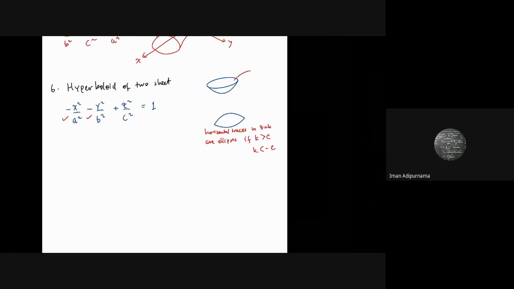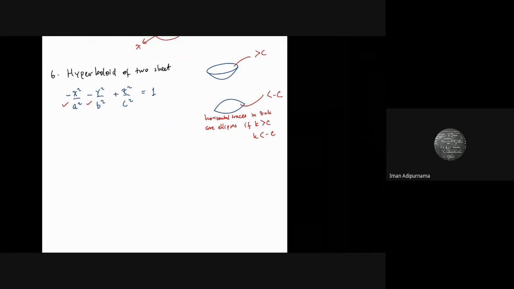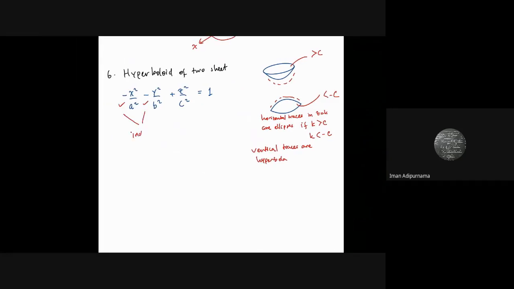Which means you have two parts here, right? This is greater than c, this is negative. And vertical traces are hyperbolas. This is the hyperbola. And these 2 minus signs indicate two sheets. And this positive becomes the axis.